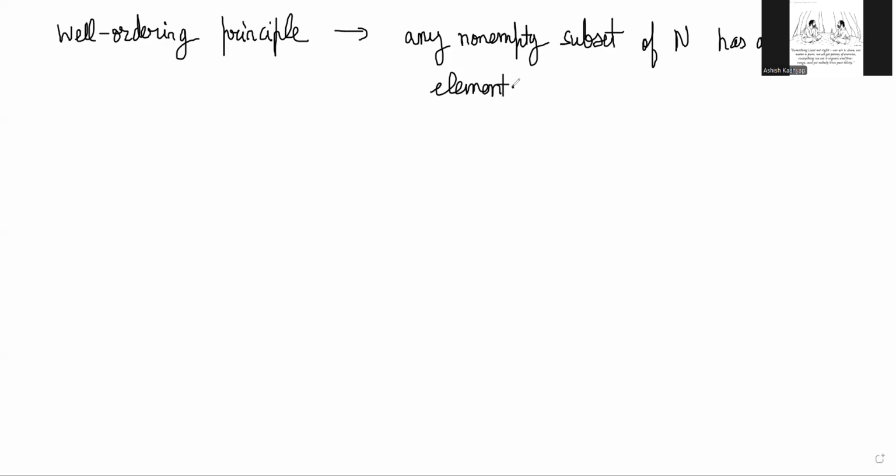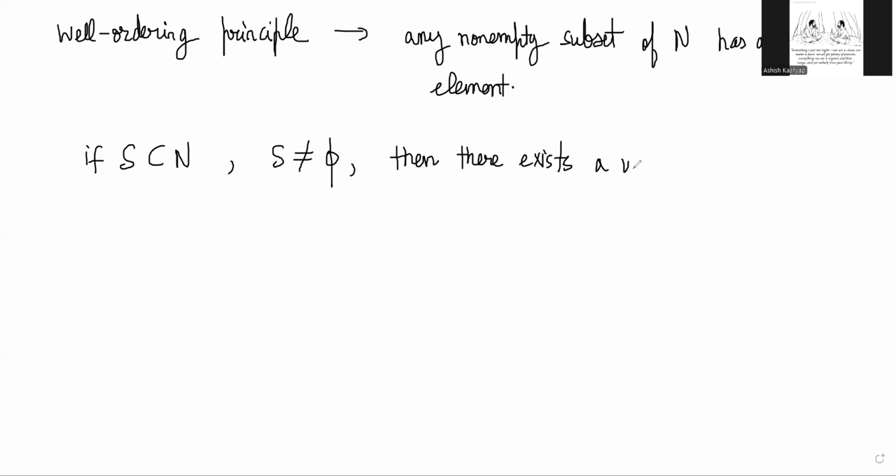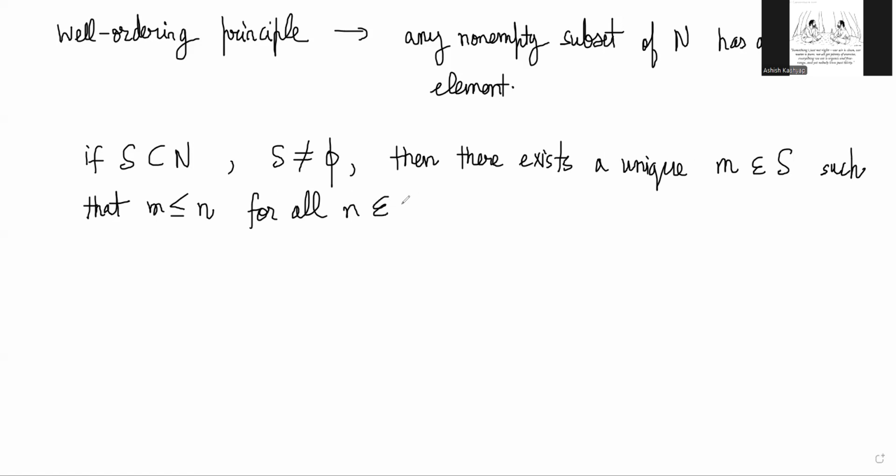Okay. So why is this going to be useful for us? So let's think about it. If S is a subset of N and S is not equal to the empty set, then there exists a unique m that belongs to the set S such that m is less than or equal to n for all n belonging to the set.